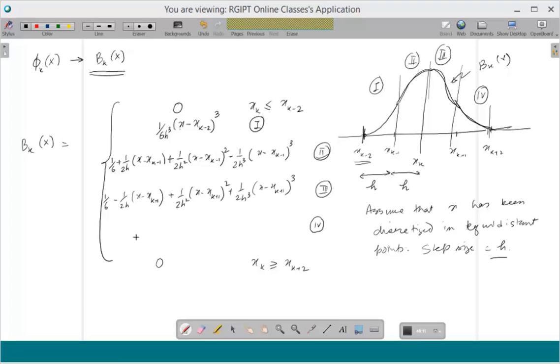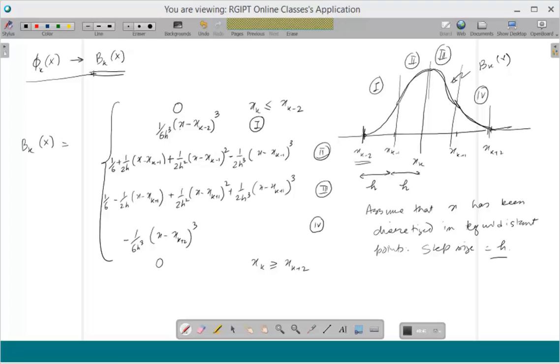So that will be region 3, and region 4 is minus 1 by 6h cube x minus xk plus 2. This is what we are going to get for those phi k's x, which we have now decided to call bkx. So these are my basis functions, and I have given you the form. I just want you to cross check it, but presume that this is correct.